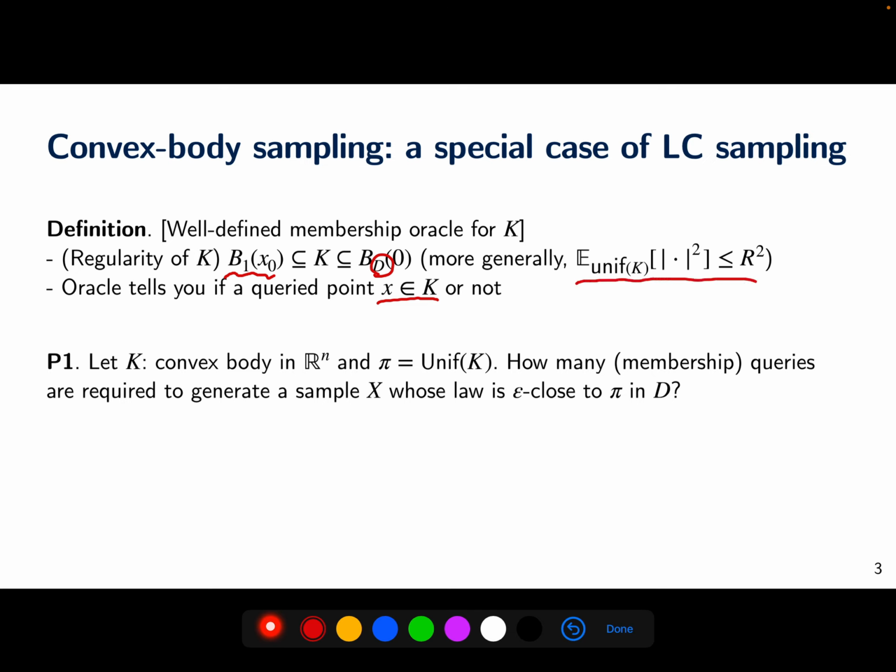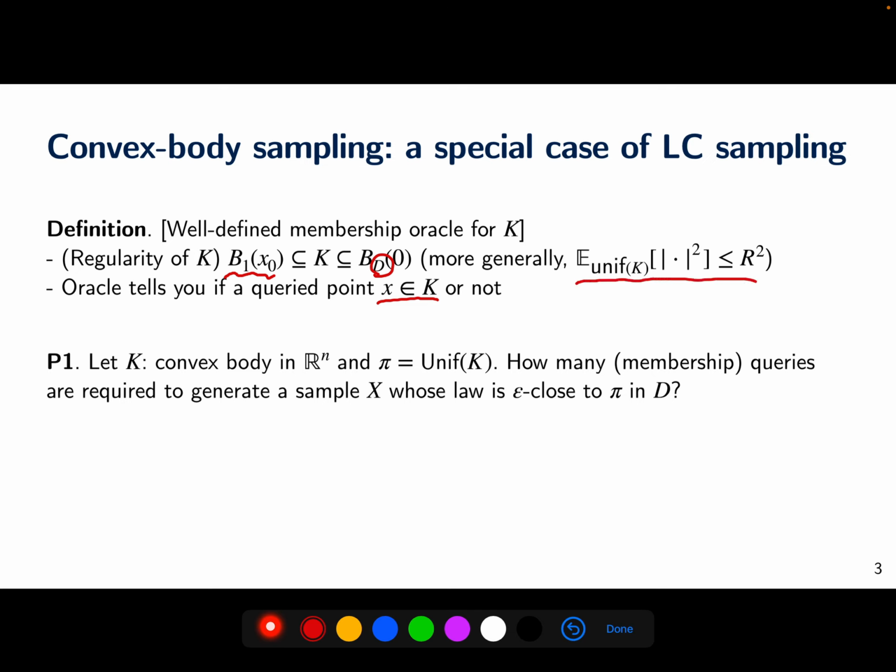Rényi-2 has a connection to chi-square through this equality, and Rényi-q goes to KL as a limit. KL implies TV squared by the well-known Pinsker inequality, and KL implies 2-Wasserstein squared by Talagrand's T2 inequality.